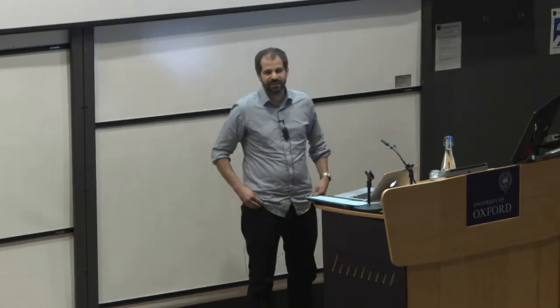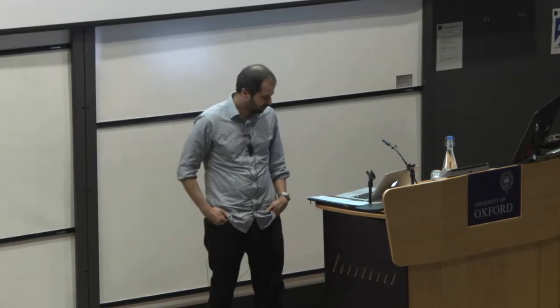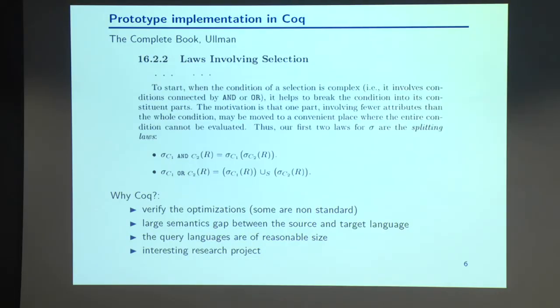So why do this prototype in Coq? Here is an example from a classical textbook for database systems. It gives the example of two optimizations where we push a selection operator under a conjunction and a disjunction.